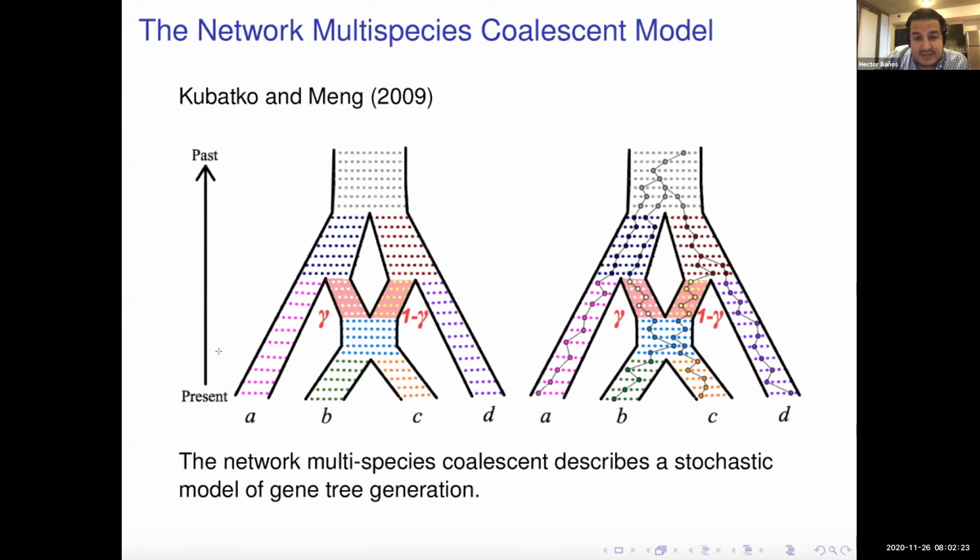So we have a species network, as you can see here. Each tube represents a population. And you can see these lines, those represent generations. So we measure time going from present to past, and this is the number of generations. I'm showing a discrete picture of it, even though it's a continuous process, but it's easier to explain it that way.